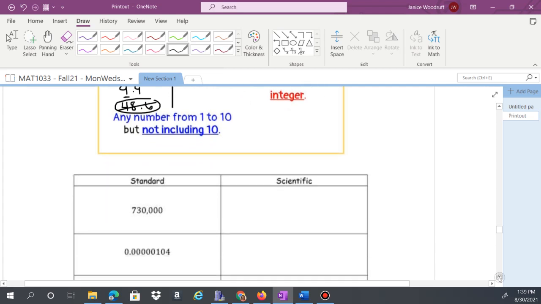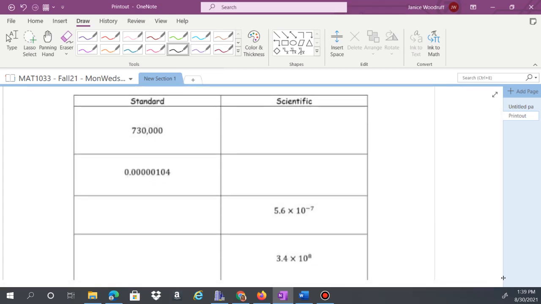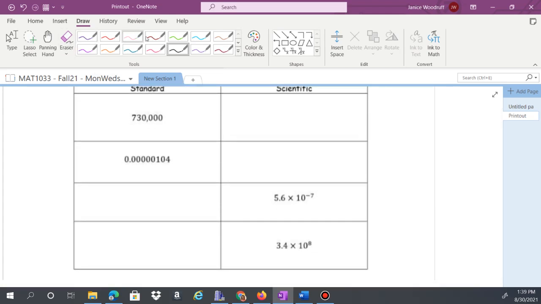Okay, so going from standard form to scientific form, you're just going to put your decimal with one number to the left. So here's the decimal now. You want to move it here where you have one number to the left. So you have 7.3. Once you get to zeros, you don't need to write the zeros, times 10, and then you're going to just count how many places this goes.